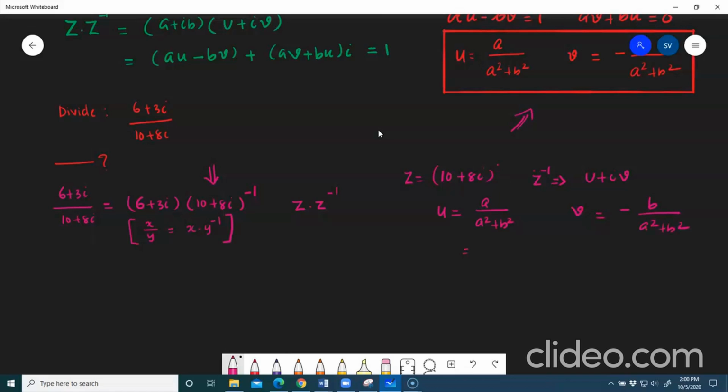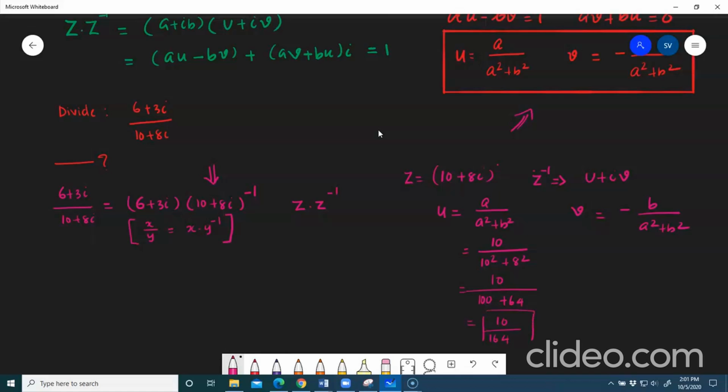What is a in this parent complex number? That is 10. So 10 over a square plus b square: a is 10, so 10 square plus b square, and b square is 8 square. That is 10 over 100 plus 64, that is 10 over 164.